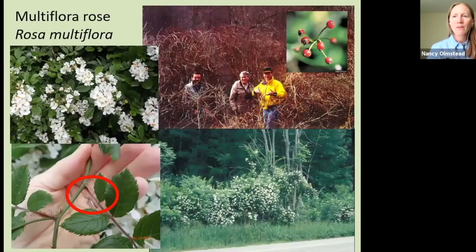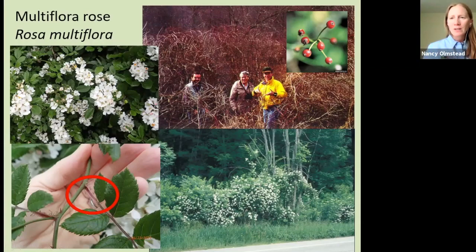Multiflora rose is another very thorny plant. It has strongly recurved thorns that point back along the stem. In the middle of June, it will have 5 parted white flowers that are very distinctive. And a good clue for identifying multiflora rose is that the base of the compound leaf has a fringed petiole, or really it's called a stipule, these little sort of leaf-like modified structures, and they're sort of little comb-like fringes, like bangs kind of, on the edges of the leaf stem.